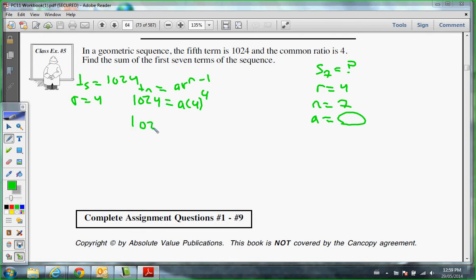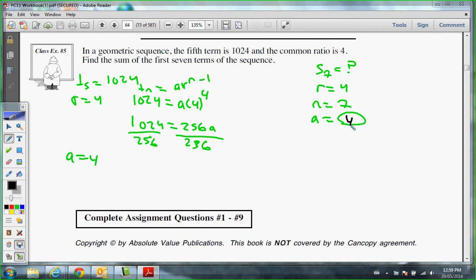So 1024, 4 to the 4th, I think we did earlier, was 256. A, divide 256. You get your A is 4. So now we have our A is 4, we're good to go.